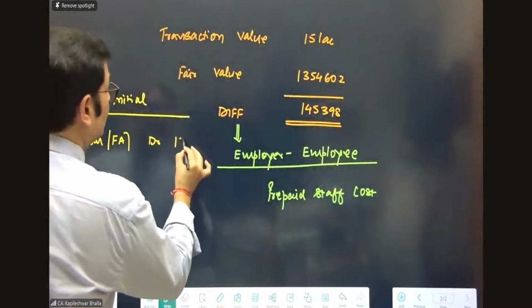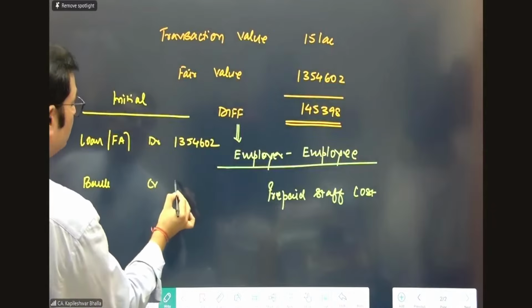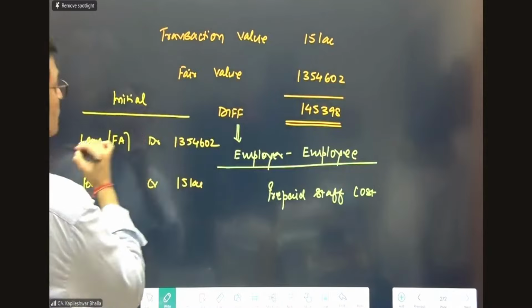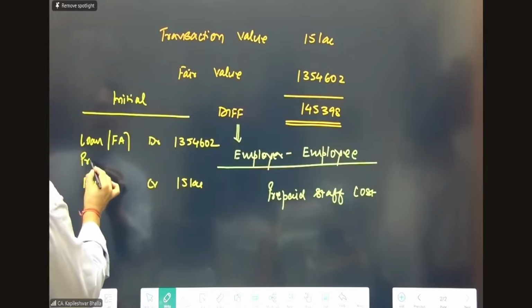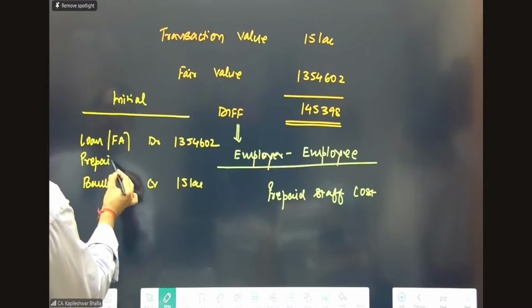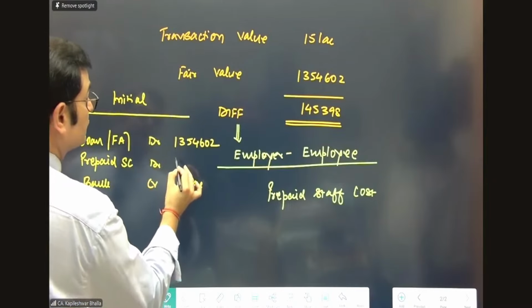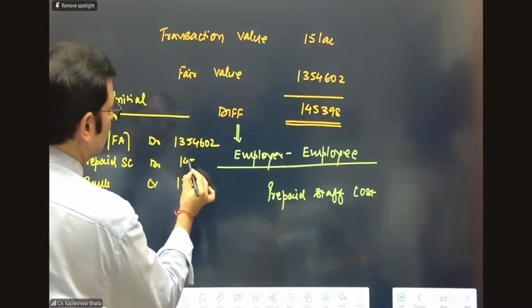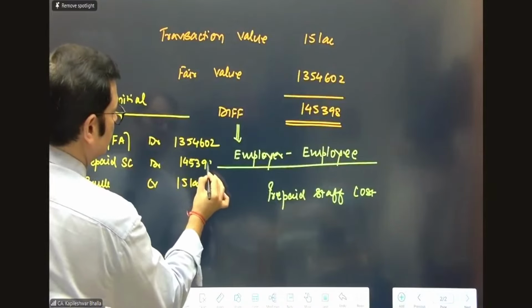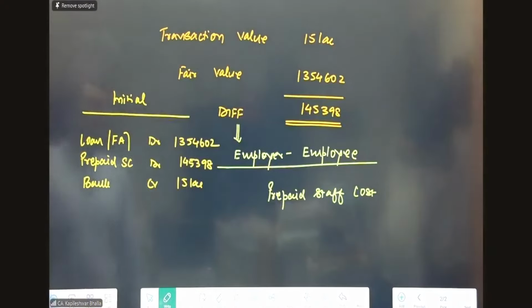And then you record the bank. The bank will be given a credit to the extent of the transaction value. And the difference, as we've identified, is the prepaid staff cost, and that is to the extent of 145,398. So this is how the journal entry will look at the initial recognition.